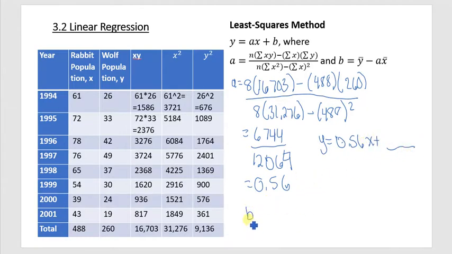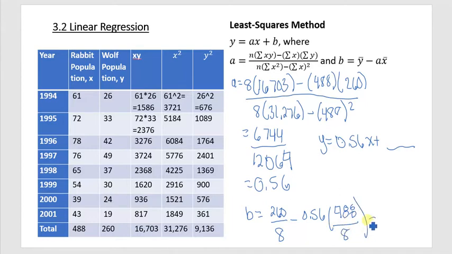So our b is going to be y bar, which is 260 divided by, how many data points? 8 again. And then minus 0.56 times x bar. So the average of the x's adds up to 488. There are 8 data points.